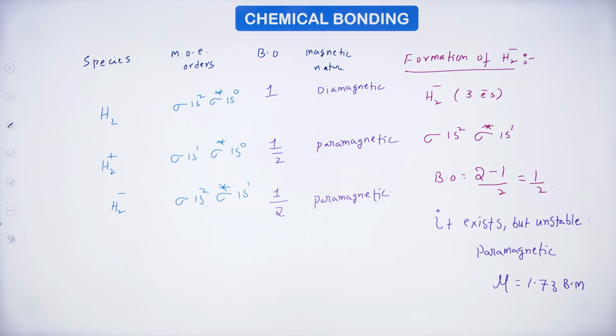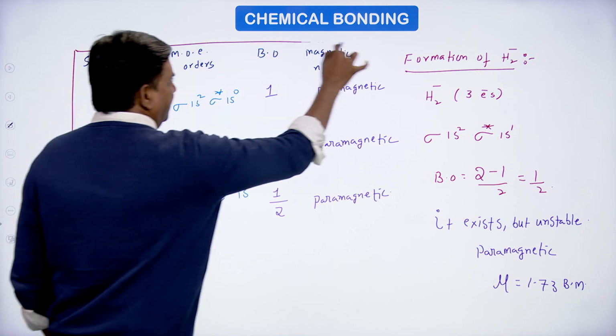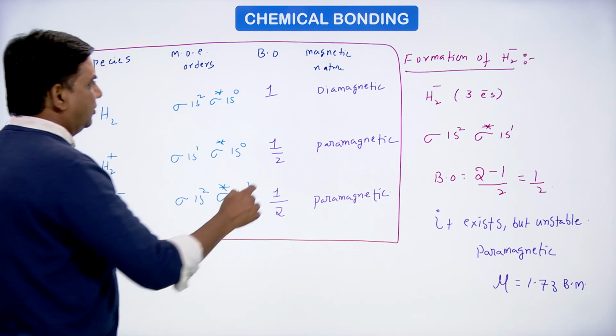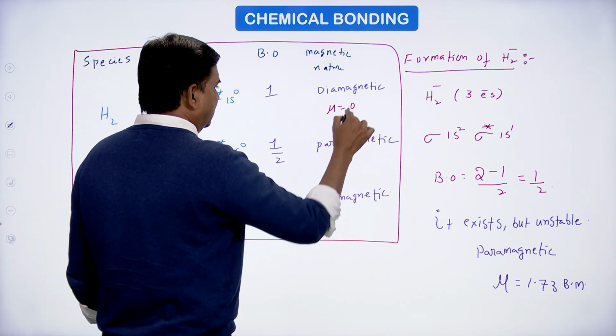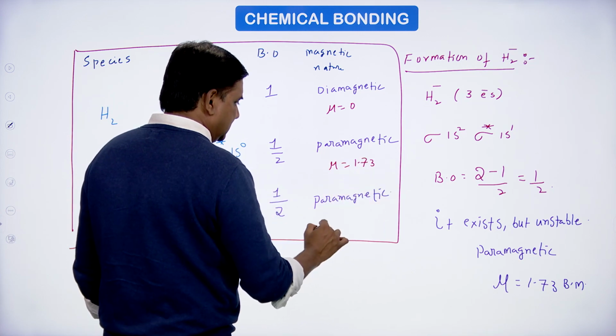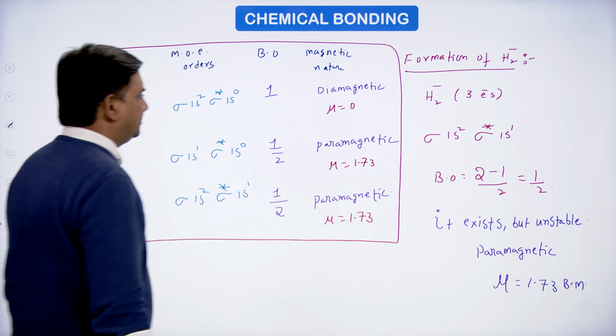Write down and complete this table, students. This is a very important table with respect to hydrogen species. Here mu is equal to 0, here mu is equal to 1.73 Bohr magnetons, and here also 1.73 Bohr magnetons.